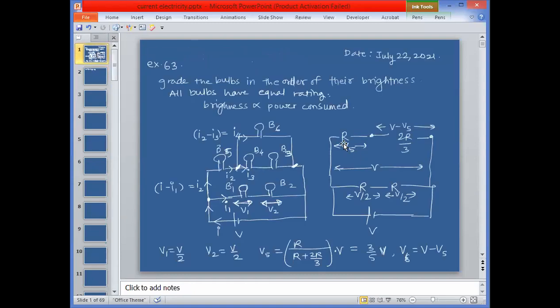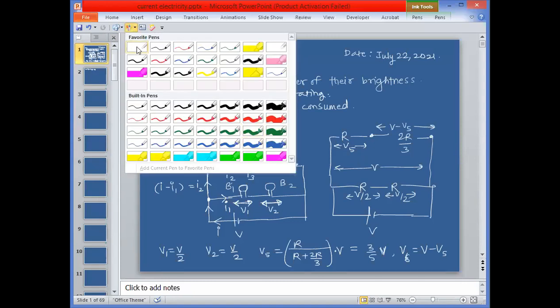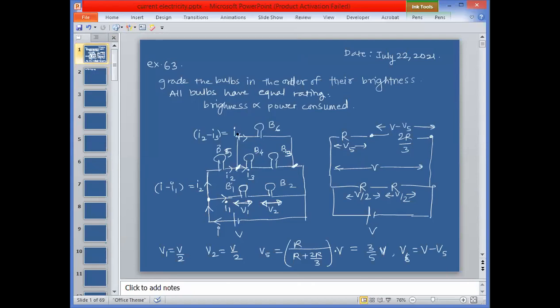Now, if I have this total value V6, it will be divided across V4 and V3, the third and fourth bulbs. Both are equal resistances R, sharing a total potential difference of V6.